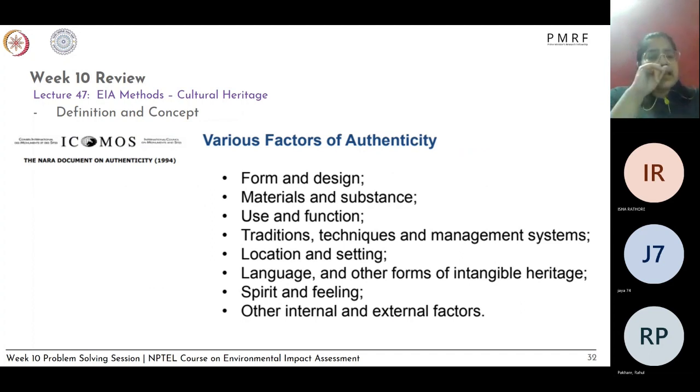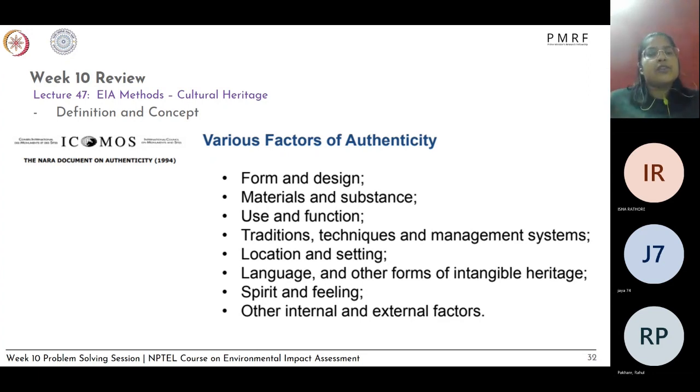And then ICOMOS also has the Nara Document on Authenticity, which they passed in 1994. And they defined authenticity, or the originality of the cultural heritage or the value we assign to cultural heritage.